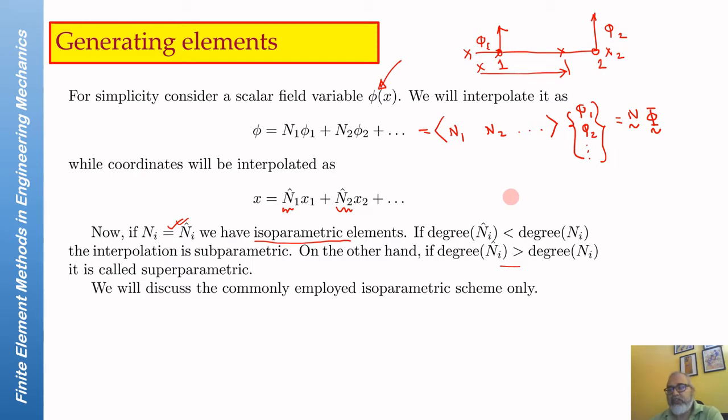We are not going to deal with subparametric or superparametric; we will deal with the isoparametric interpolation scheme only, in which case x will be given also by n1 x1 plus n2 x2 and so on, which means that the coordinate value as well as the field variable are interpolated in exactly the same way, using as many shape functions as there are in either. So we will discuss the isoparametric scheme only.